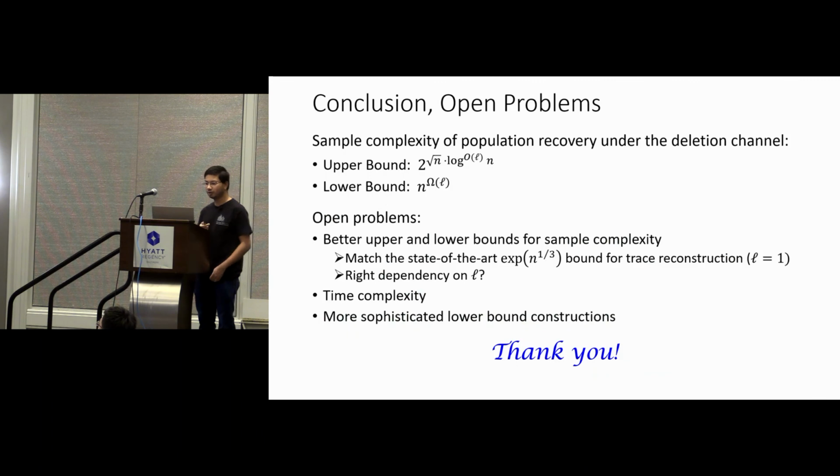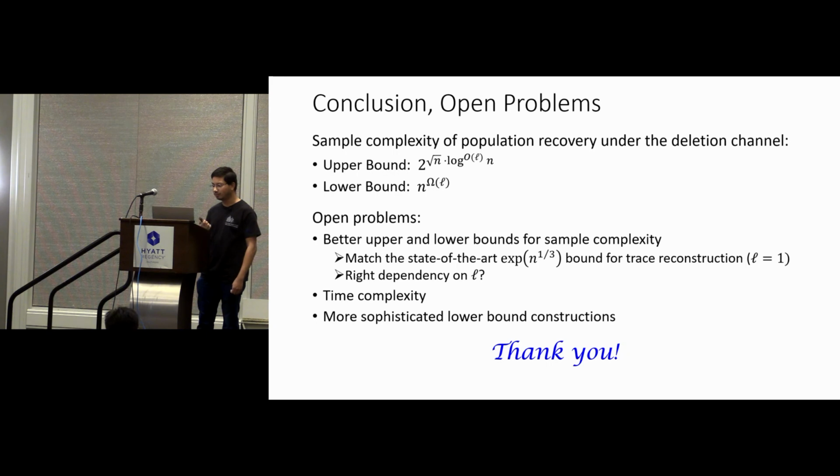So concluding, we show upper and lower bounds for the population recovery problem under the deletion channel, and I'll just mention a couple of open problems. The obvious one is to improve this gap between upper and lower bounds, and in particular also match the state of the art n to the 2 to the n to the 1/3 bound which we have for trace reconstruction, get general population recovery bounds matching that, and also characterize the right dependence on L. Also this is not computationally efficient in terms of runtime, so we would be interested in that.